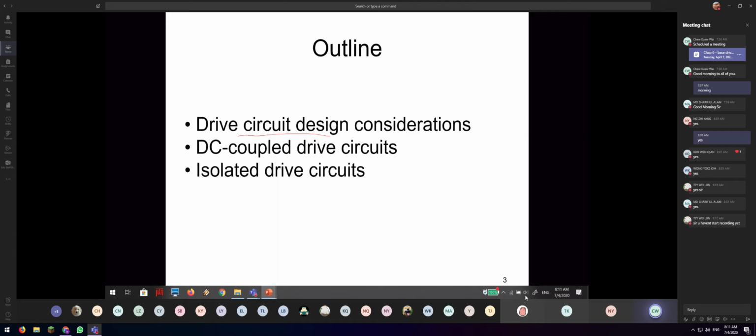The second is the DC coupled drive circuit, that means how to couple the signal from one side to the other. Then we also have how to isolate the primary side from the secondary side, which is normally done by a transformer or an optocoupler, or opto isolator.